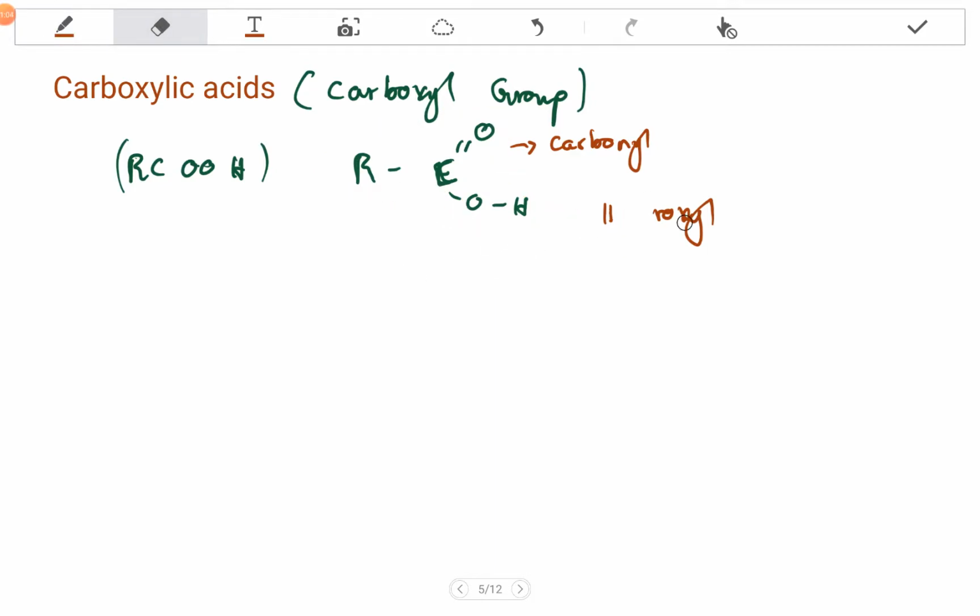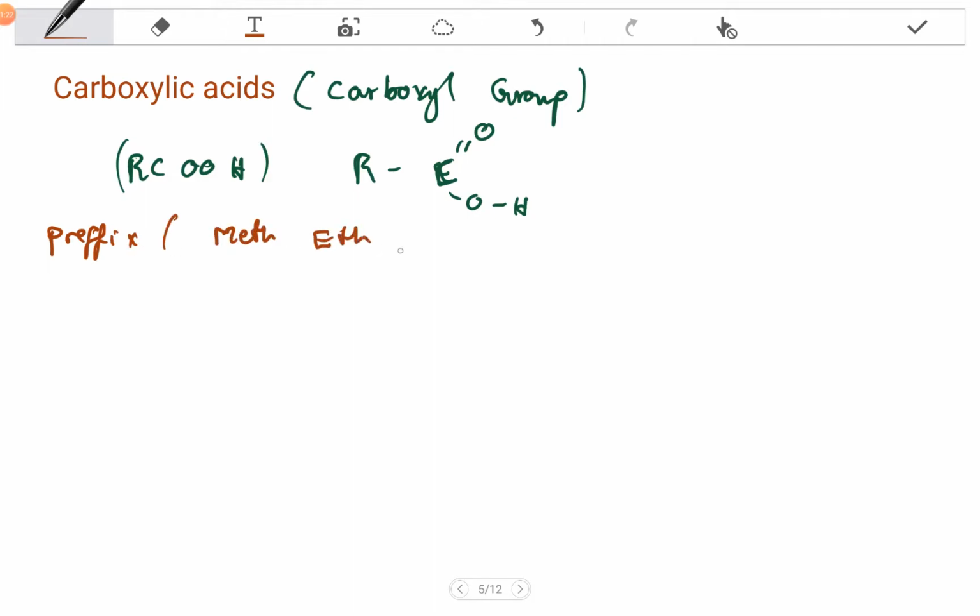So the functional group structure is given by this one. For the prefix, we're still using the same prefixes as always: meth, eth, prop, and so on, where meth is 1 carbon, eth 2, prop 3, and so on.